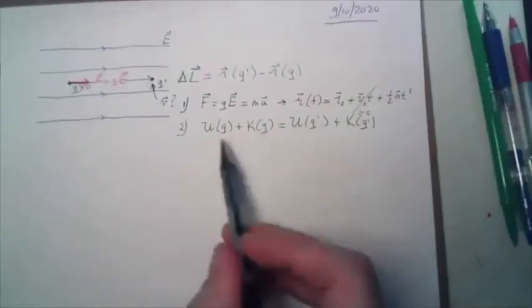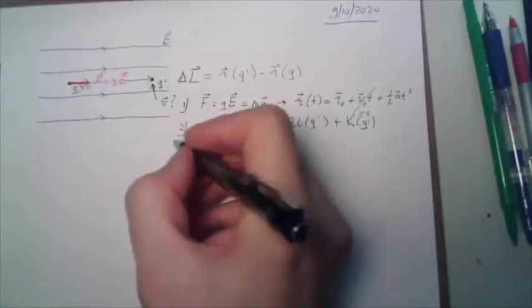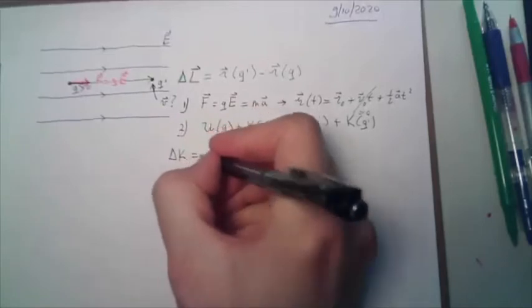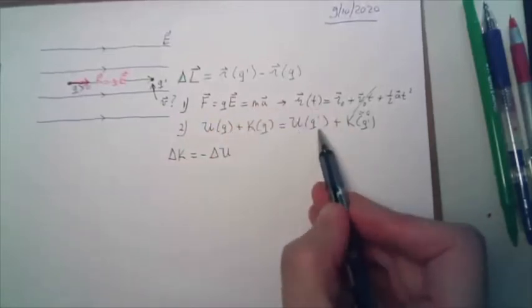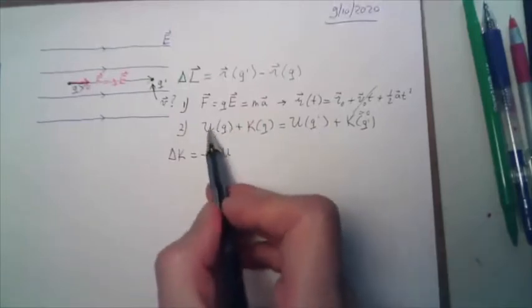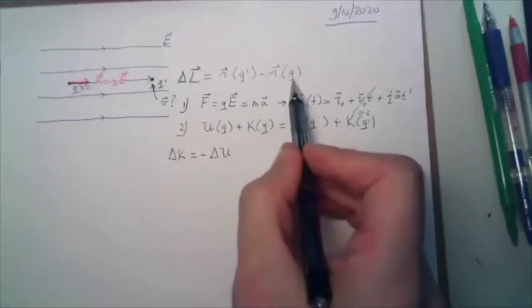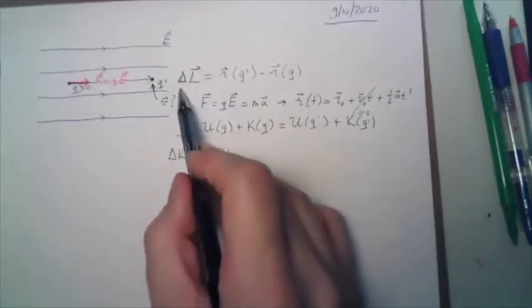And therefore, we can use deltas to move one of these over, and then we're going to say, okay, so delta K is minus delta U, right? Because when I bring this U of Q over to this side, it looks just like this position, so Q prime minus Q. So we can use this delta, just like here in L.